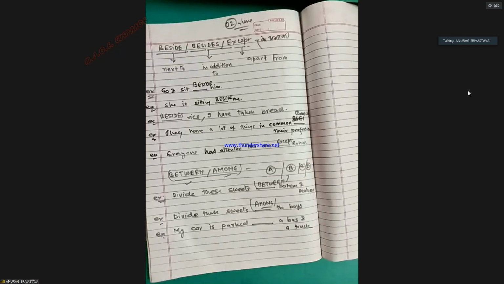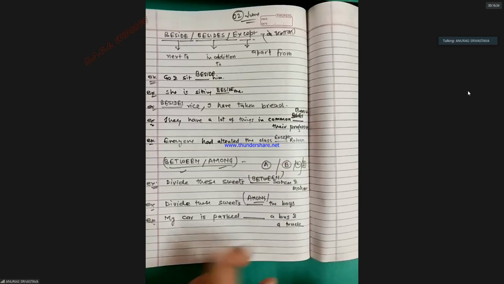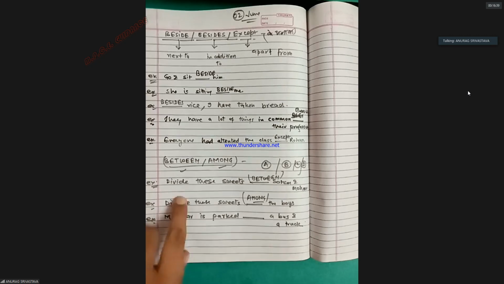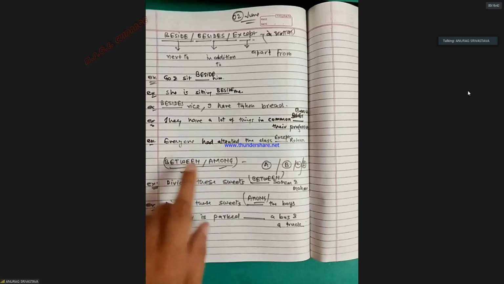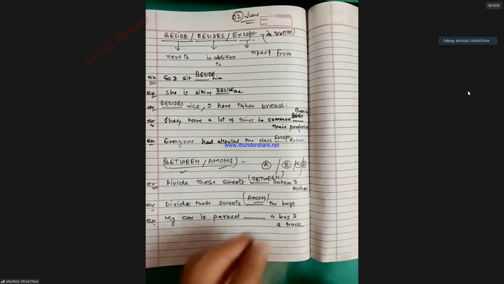What is the sentence? My car is parked filler a bus and a truck. So we have to choose one preposition, between or among, to complete the sentence.